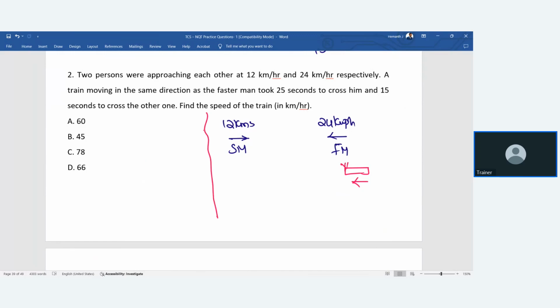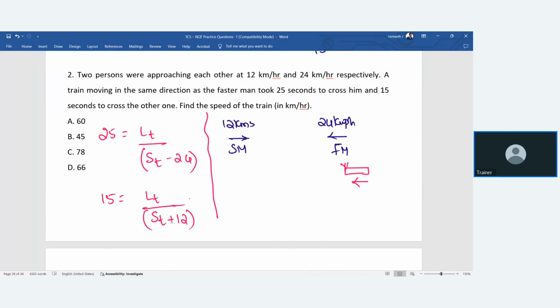So 25 seconds for the train to cross: time 25 seconds, distance the length of the train, speed will be speed of the train minus 24 kilometer per hour. Whereas it is 15 seconds for the same train to cross the slower man, but it is now the opposite direction, so we have to add.